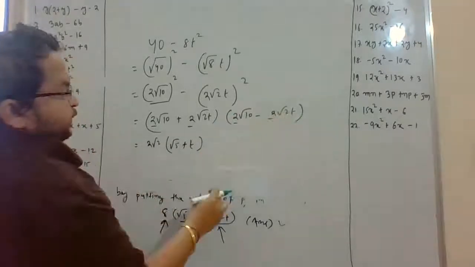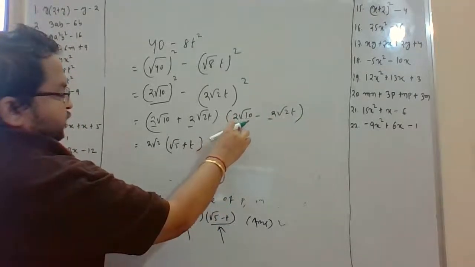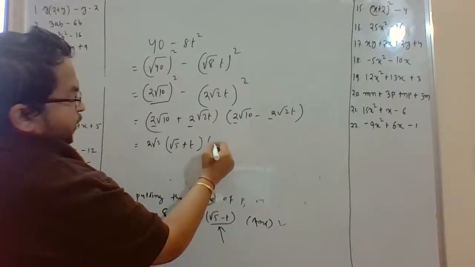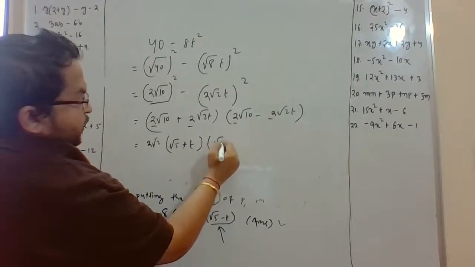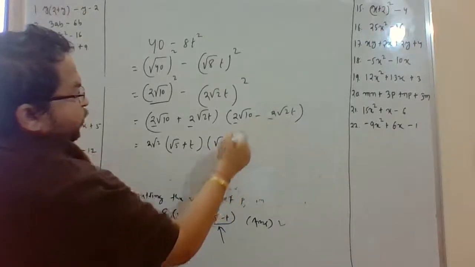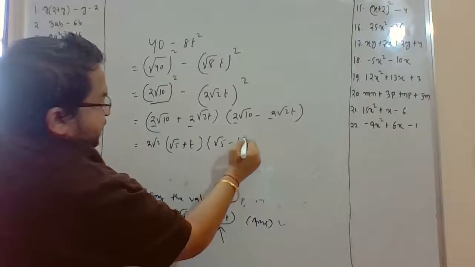And between these two, from here 2 root 2 is gone, so the remainder is only root 5. And here again 2 root 2, the entire coefficient is gone, so this is nothing but minus t.